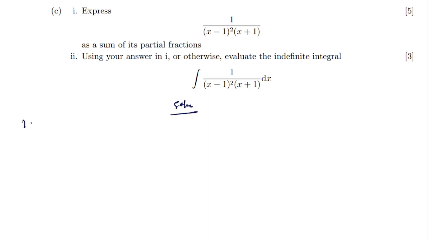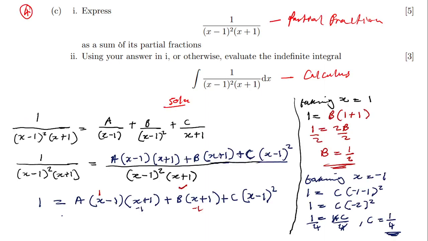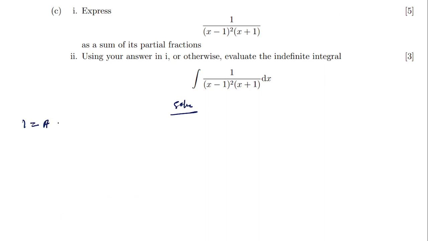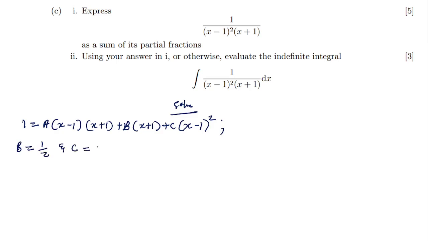We have 1 is equal to a open brackets x minus 1 and x plus 1, and then plus b, and the b you are having should be x plus 1, and then plus c, you're having x minus 1 squared. So one thing that we have found is that b is equal to 1 over 2 and c is equal to 1 over 4.